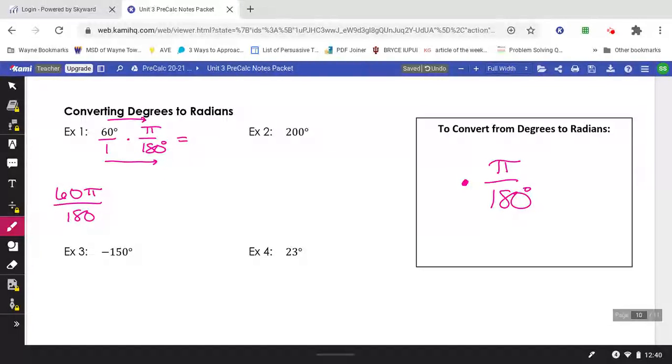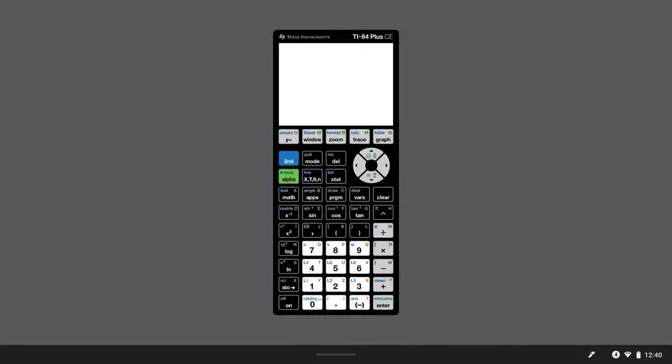Now, it's important that you don't multiply the pi out. Don't type pi into your calculator. You're just going to leave the pi alone. So what you could do, you can either reduce 60 over 180, or you could take 60, and I'm going to pull up the calculator for this part.